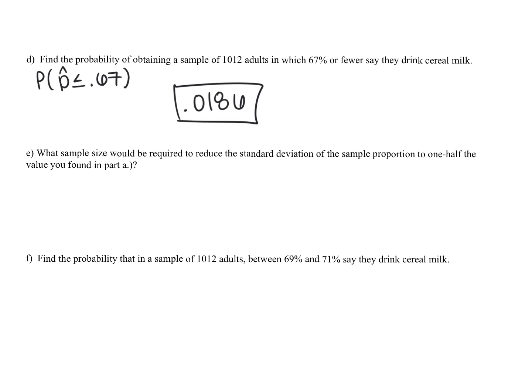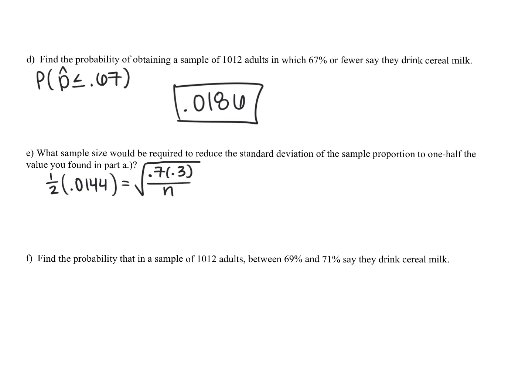So next one says, what sample size would be required to reduce the standard deviation of the sample proportion to 1/2 of the value you found in part A? So this is a little bit different. So we're saying I want to do half of my standard deviation, so 1/2 of 0.0144. So I want to solve for the sample size that results in that value.